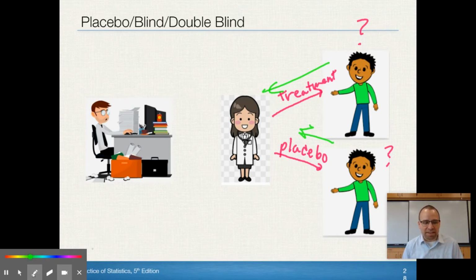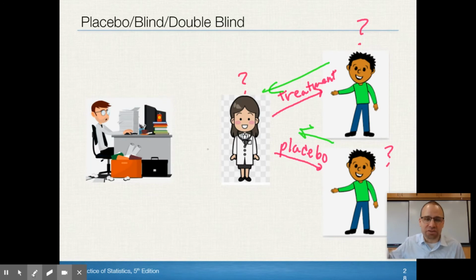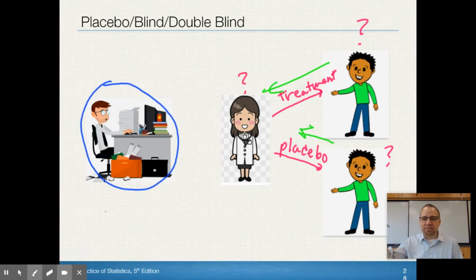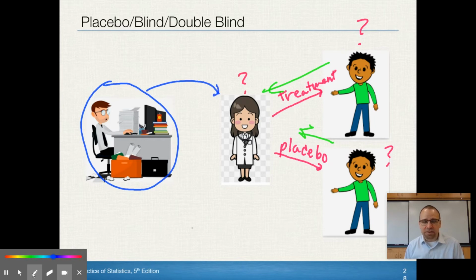So what's the best thing to do in that scenario? That's right: whoever's administering the drug shouldn't know either. So who knows who's getting which pill? You have a person in the back that has numbers and has all of these treatments and placebos coded. They give those to the doctor or whoever's administering the drug, but they don't tell them which one is which.